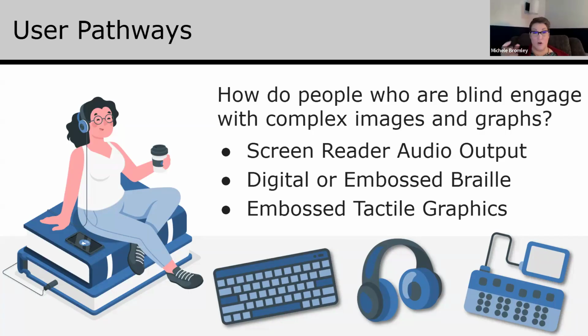Embossed resources, I'll note, are typically provided via accommodation. Proactive design calls for that keyboard accessibility I mentioned, which will allow for equitable screen reader audio output and the ability to easily translate to digital braille should a given end user require that format.